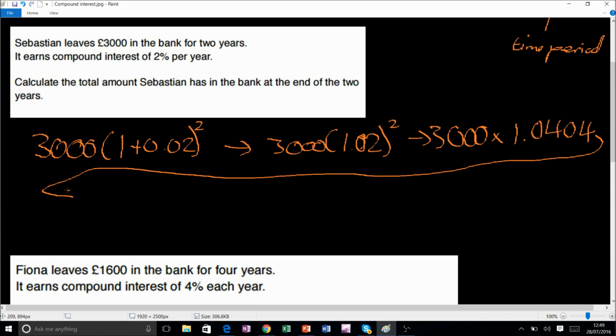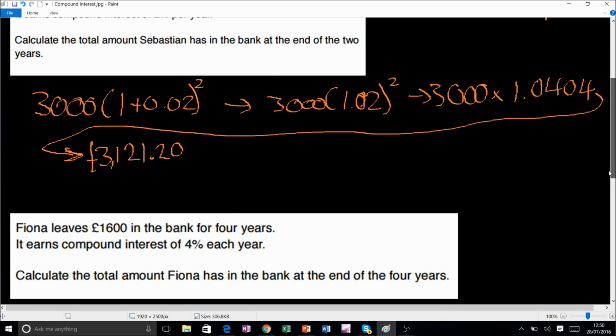And we just times that by 3,000, and that is going to give us £3,121.20. Okay, so it's given us £3,121.20.